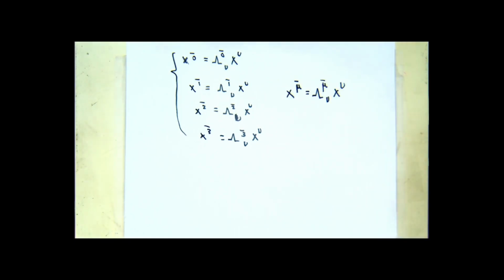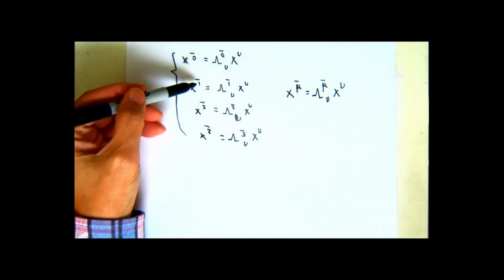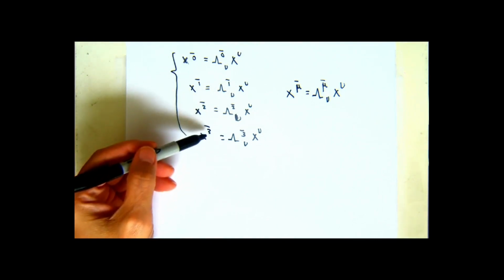So if we wanted, we could write the whole thing as x mu bar equals lambda mu bar nu x nu, with the understanding that the nu is an index of summation, and since the mu bar does not show up upstairs and downstairs in a product, it is not an index of summation. This formula is supposed to be true for all possible indexes mu bar, which could be 0 bar, 1 bar, 2 bar, or 3 bar.